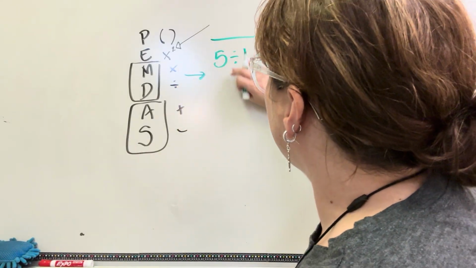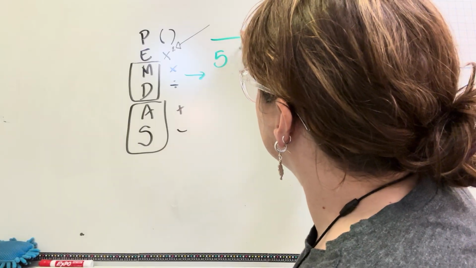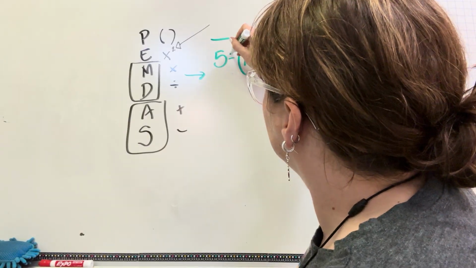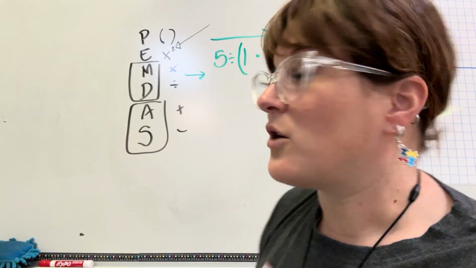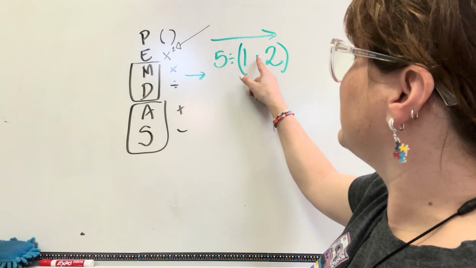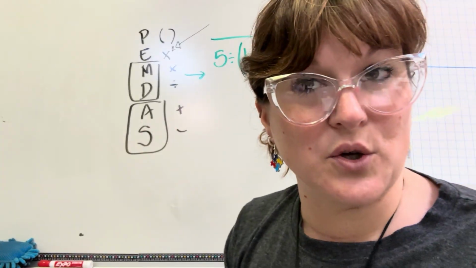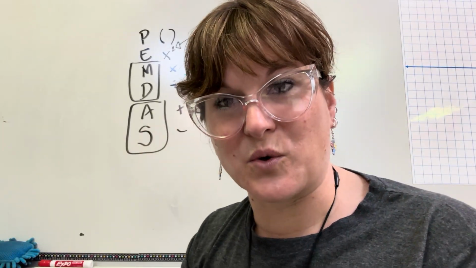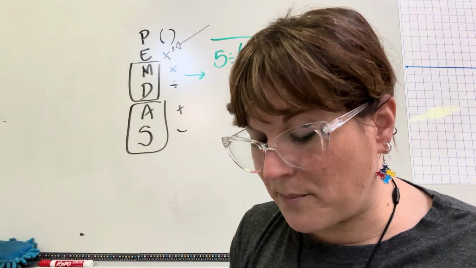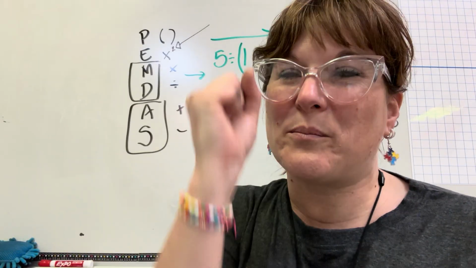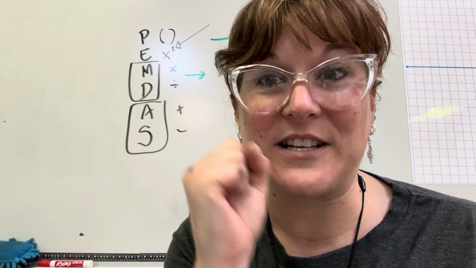Now, if we had this, let's put those parentheses up. Then we do this first. 1 times 2 is 2. 5 divided by 2 is not 10. So this is why order of operations is so important. So you need to know these.